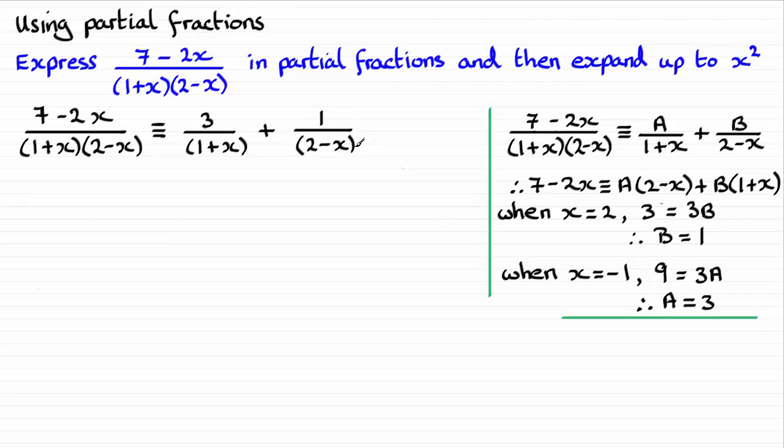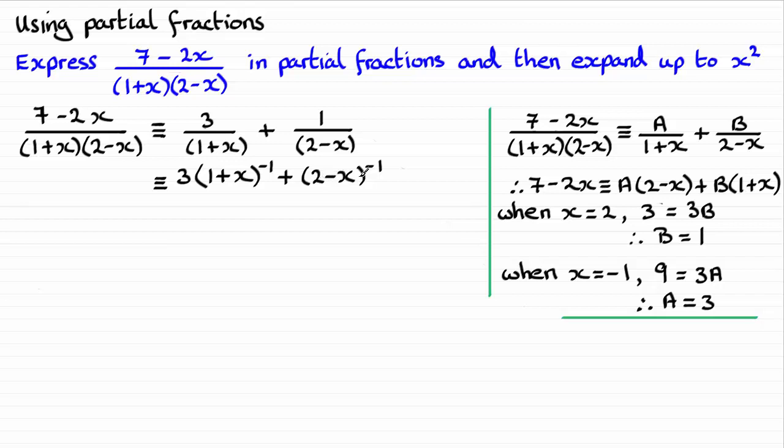So when it comes to expanding these now, what we're going to do is bring these denominators up to the top and add the two functions together when we've expanded them individually. But before I go on, I can see that this bracket here has a 1 in the front. This one has a 2 here, so I'm going to need to adjust this.